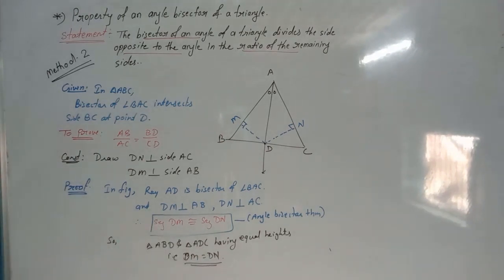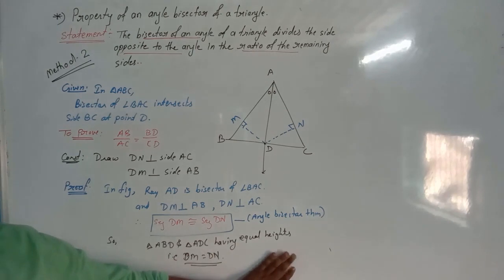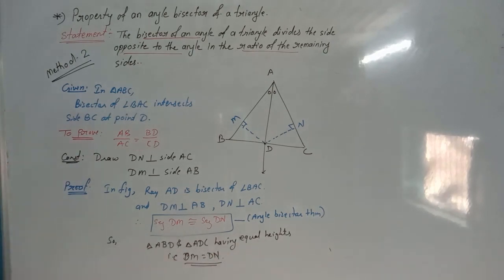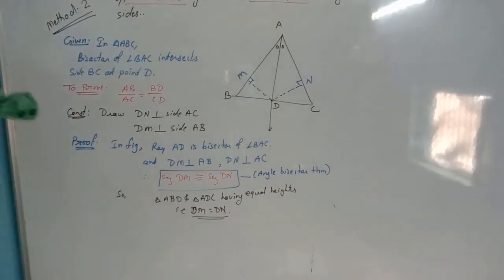Get it? In a triangle ABD and triangle ADC having the equal heights, that is DM and DN. So in these two triangles, both are having equal heights. So area depends upon what? Area depends on their corresponding base.